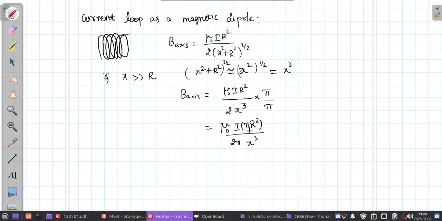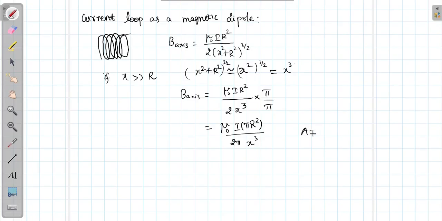Pi r square is nothing but the area of the coil. So the area of the coil is pi r square. Replace this, then mu naught I A divided by 2 pi x cube.